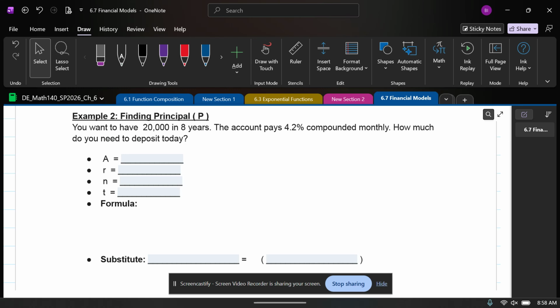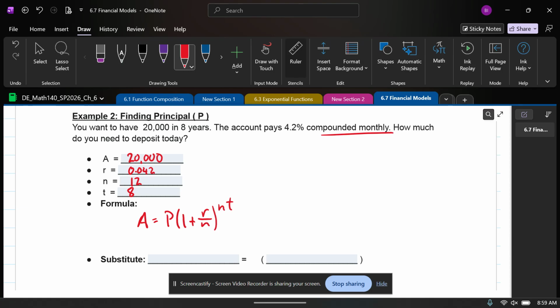Okay, so in this case, we have the account worth, we have the interest rate, we have how many times it's compounded, and we're waiting 8 years. So we are using the compound interest formula because it said compounded monthly. That's what tells us to use this formula.